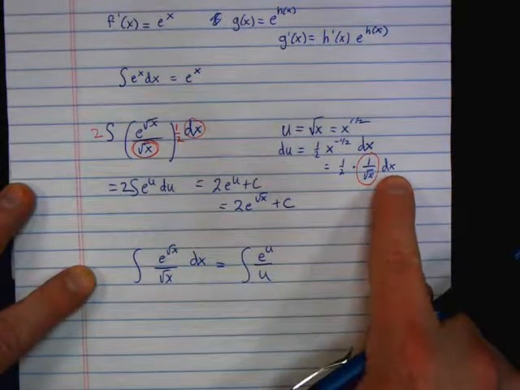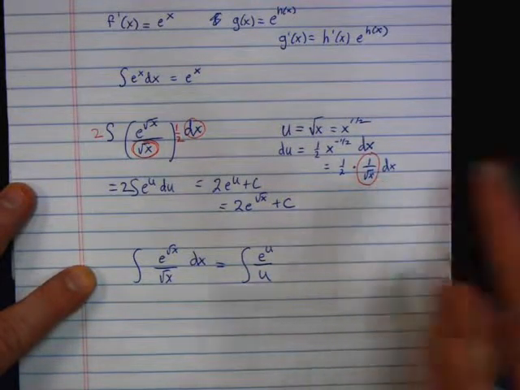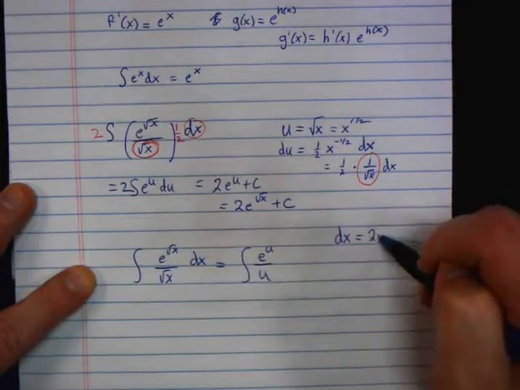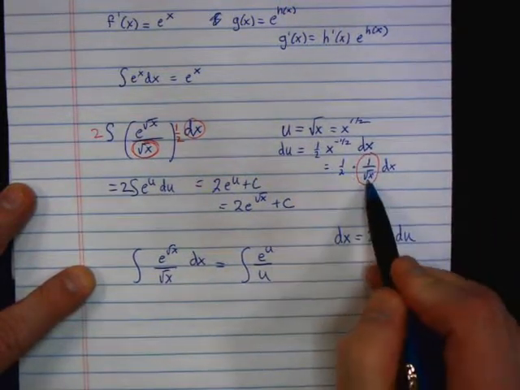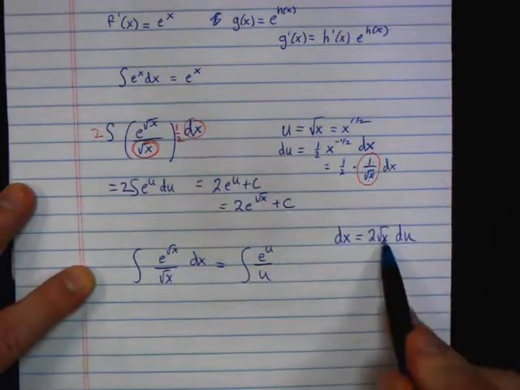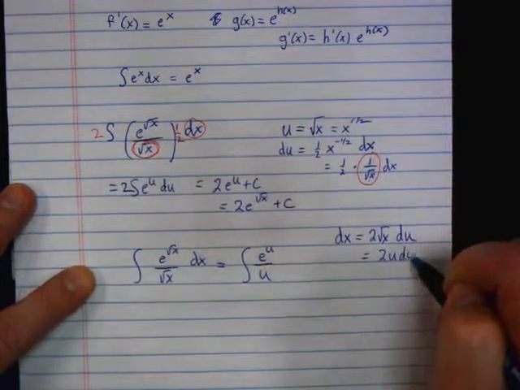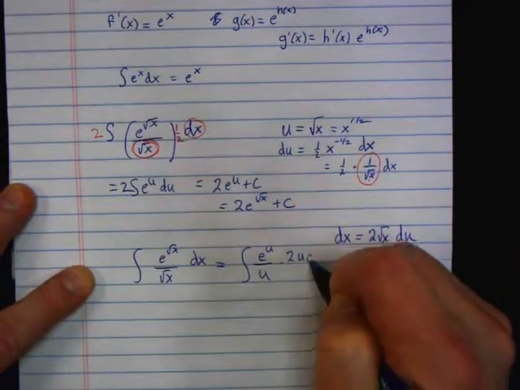What am I going to have to do? I think I'm going to have to write that dx is 2 square root of x du. So I multiplied by 2, multiplied by that square root of x. And then what are you going to do with that square root of x? Call it u again. So that's 2u du. And so I replace my dx with my 2u du.